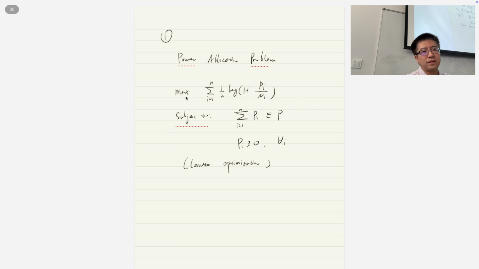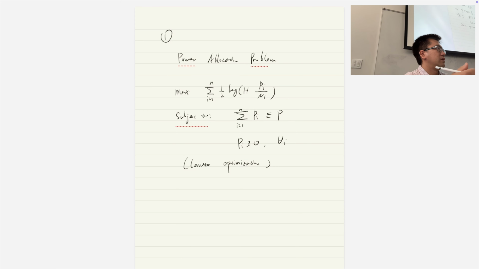Because we're doing maximization, the objective has to be concave, okay? And all the constraint functions here are convex, okay? And therefore you can show it is a convex optimization problem, okay? So any question here?